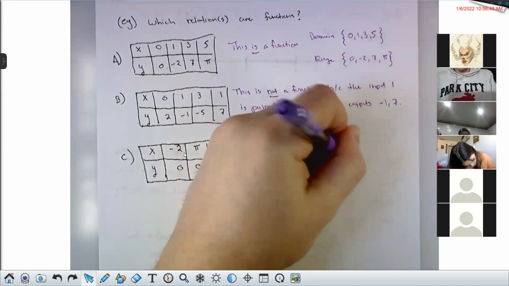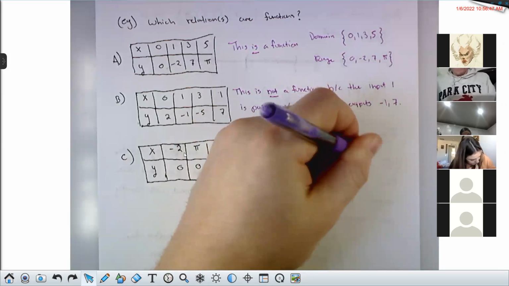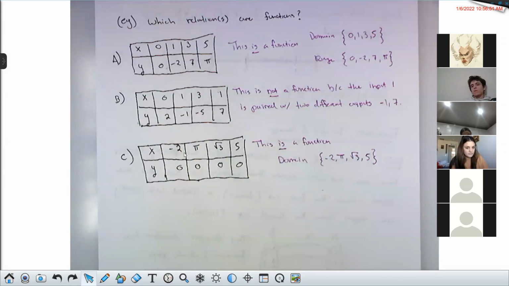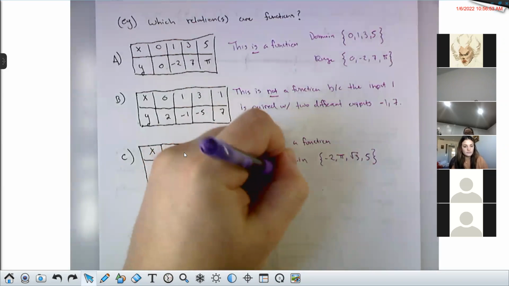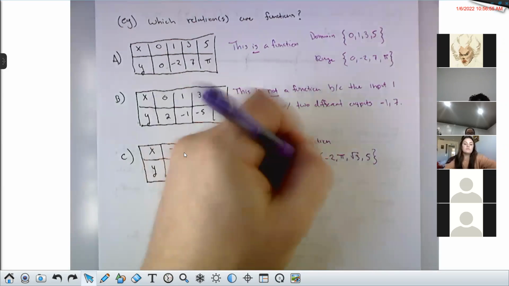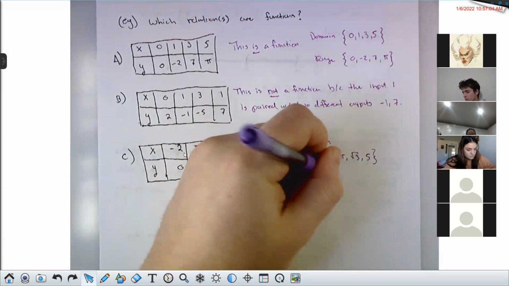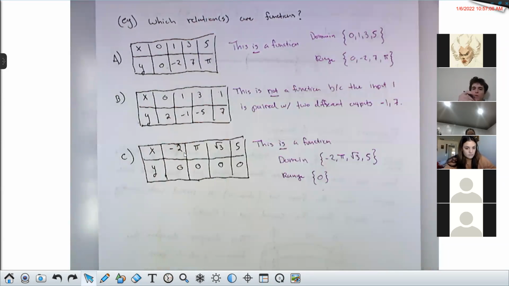Also not an interval, just a finite set. And the range here, how would I write the range as a set? Very good, just 0, listed once. So when we're writing down sets, we don't repeat elements. The range is the singleton set 0.